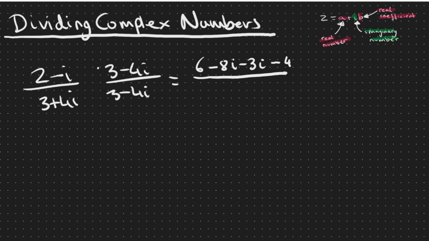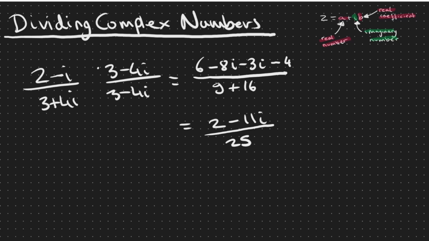All of that over 3 squared is 9, plus 4 squared is 16. This would be equal to 6 minus 4, which is 2, minus 8i minus 3i is minus 11i over 25.